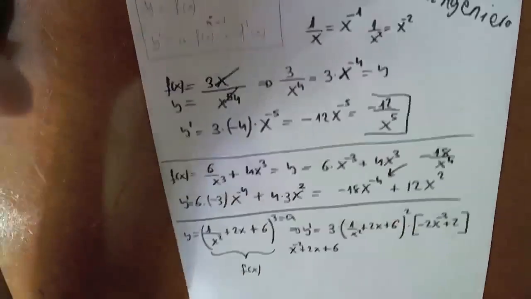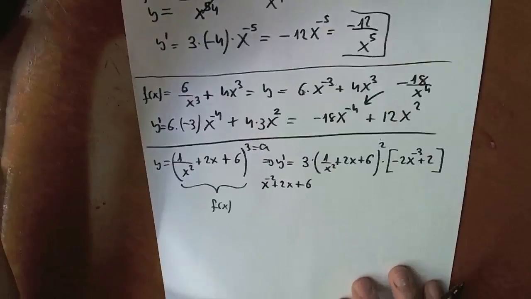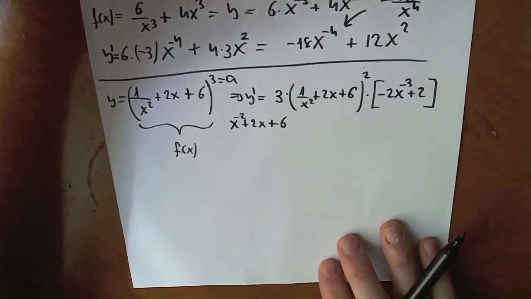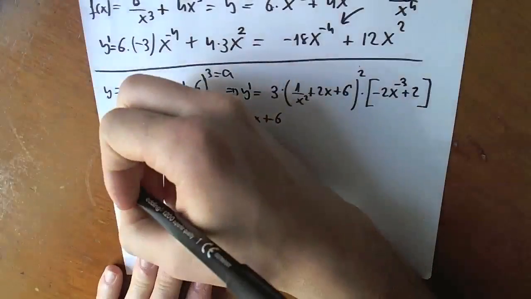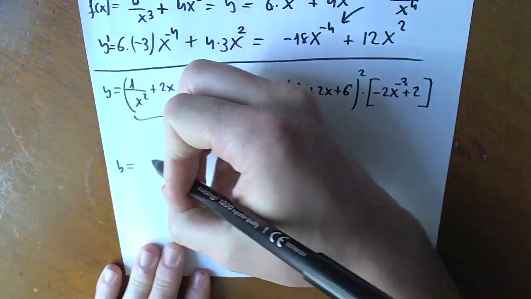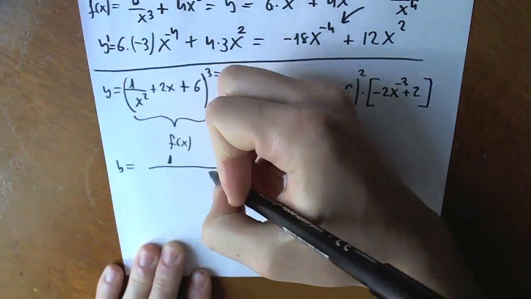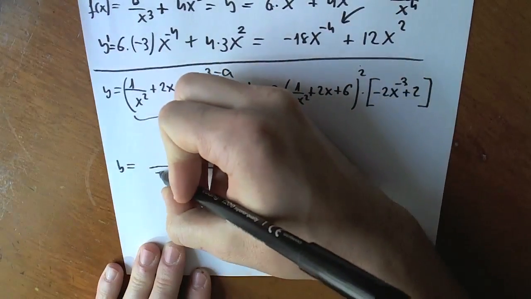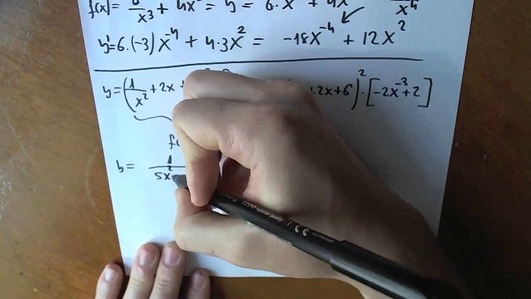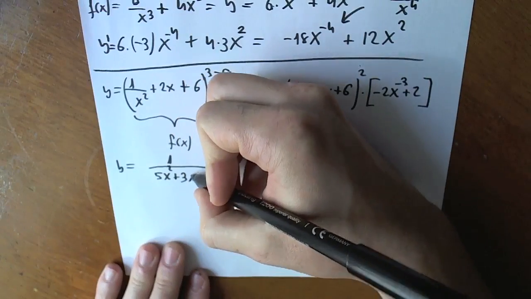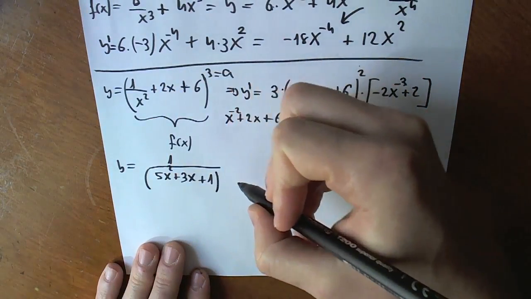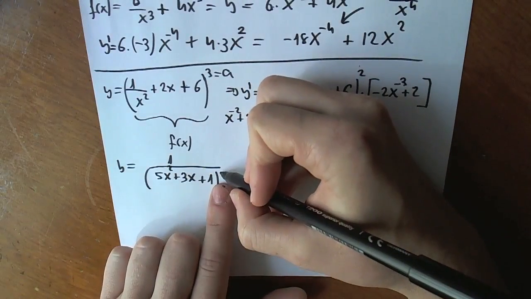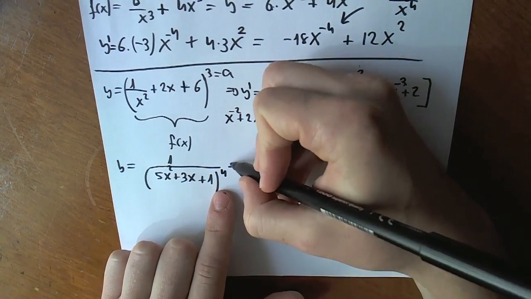And the last and most difficult of these exercises is the next one. Let me check it. Okay. 1 divided by 5x squared plus 3x plus 1, and the power of the denominator is 4. How should we proceed?